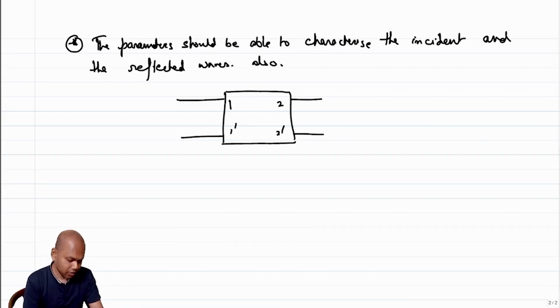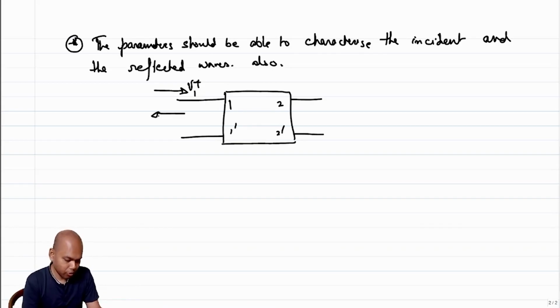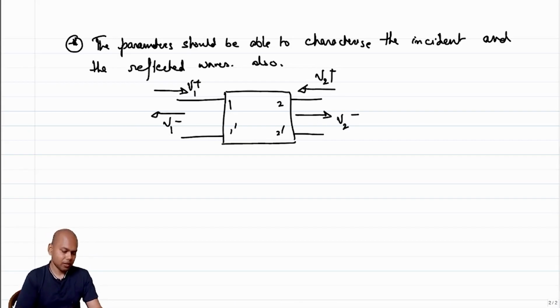And we know that there will be waves impinging on it. Let's say waves which are incident on port 1, I call it V1 plus. Waves that are reflected from port 1, I call it V1 minus. Similarly, waves that are incident on port 2, note the direction, that is going into port 2, we call it V2 plus, and the one that is reflected out of port 2, we call it V2 minus, right?